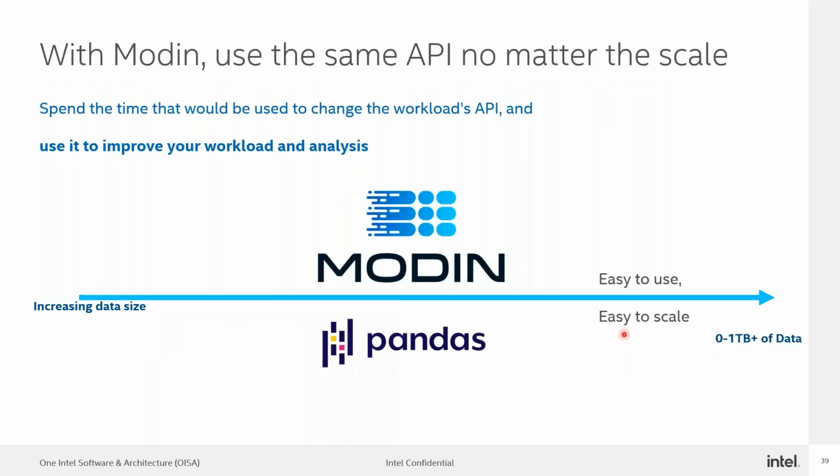So we introduced Modin as an optimized tool, which can deal with a great amount of data, is easy to use, and can be very easily scaled to a large number of simultaneous data loading processes.